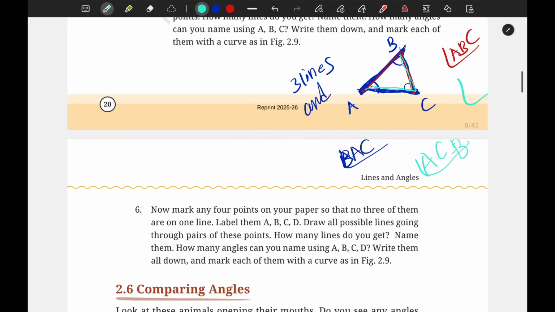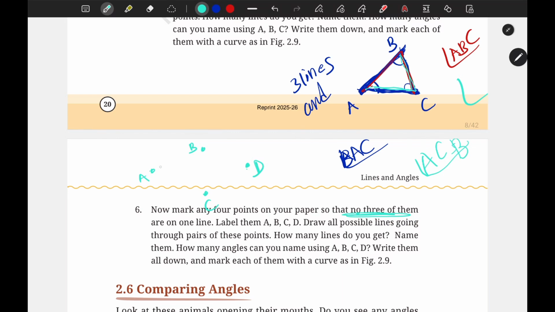So another question. Now mark any 4 points on your paper so that no 3 of them are on a line. 1, 2, 3, 4. Label them A, B, C, D. They said that no 3 points are on the same line, so I put the dots like this.